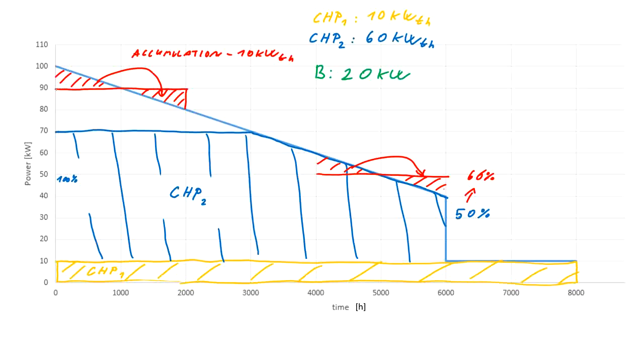So if we take it with the accumulation, it would cover this part.